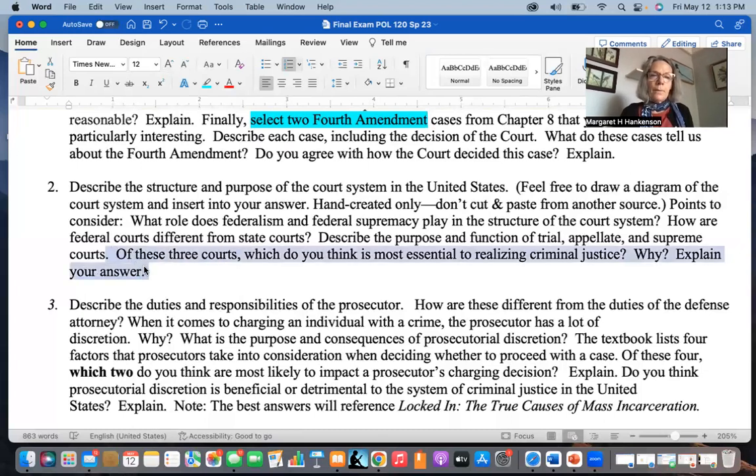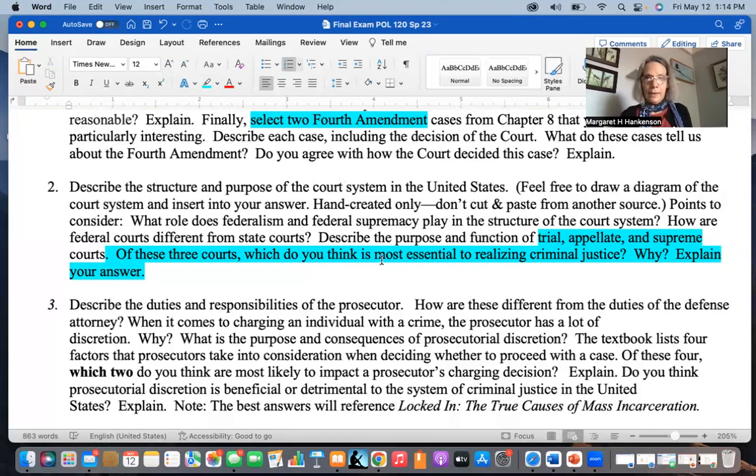Okay. And here comes the critical thinking part. Okay. So of these three courts, trial, appellate, and Supreme, which one of those, trial courts or appellate court, the intermediate appellate court, or the top court of the land, either the state Supreme Court or the Supreme Court of the United States, which do you think is most essential to realizing criminal justice?